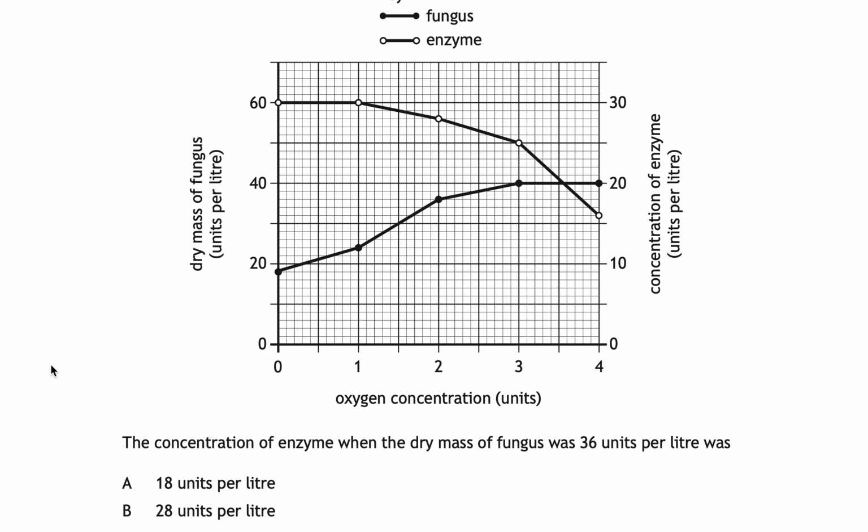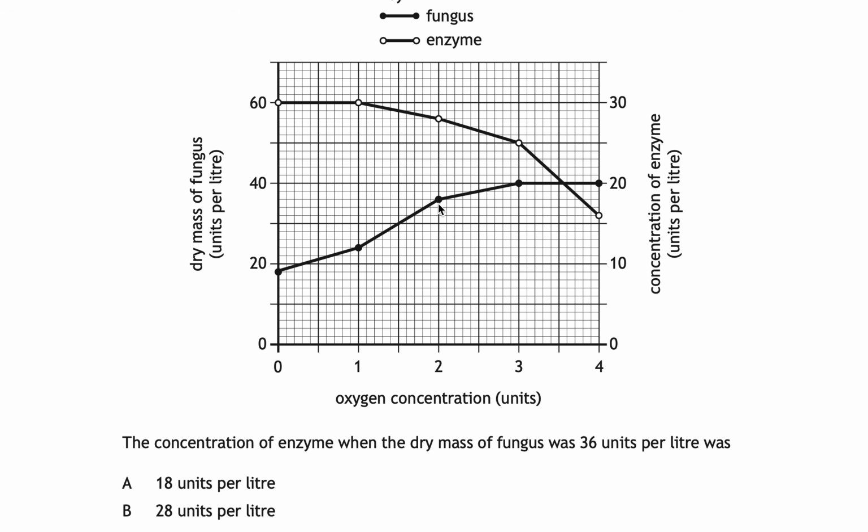So in this question you have to be really careful to use the correct scale and also the correct line. So with the fungus on the left-hand side here, we're also using the black dotted line, when the fungus was 36, we find it here, that was at an oxygen concentration of 2.